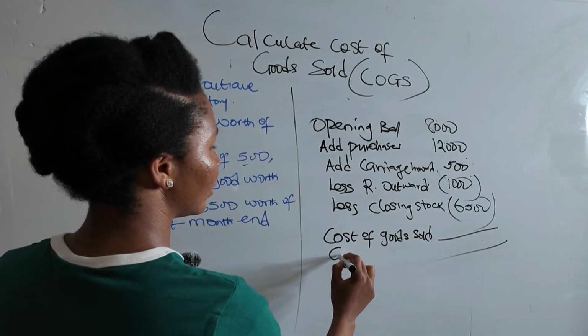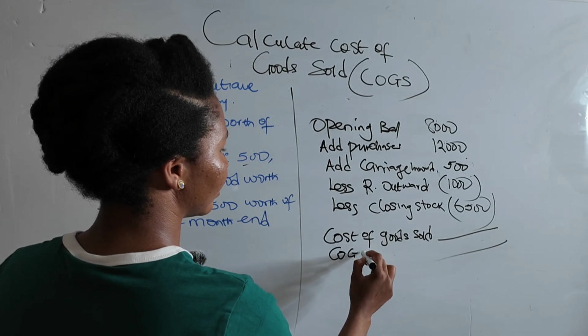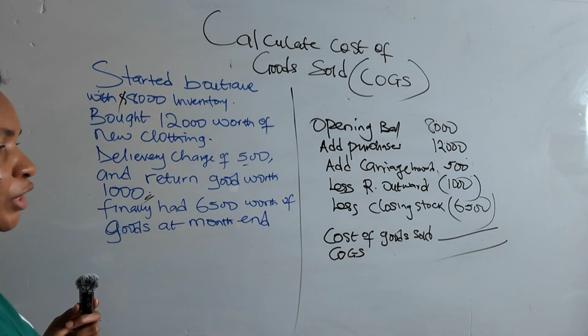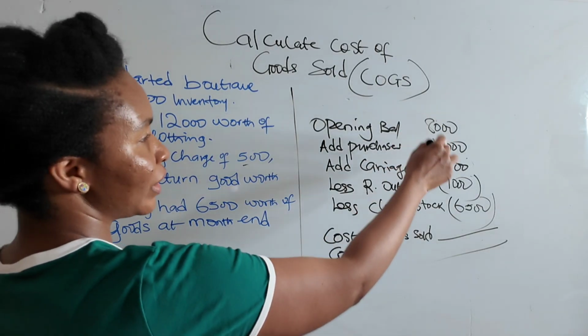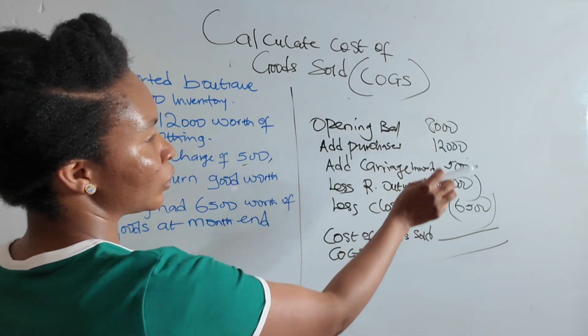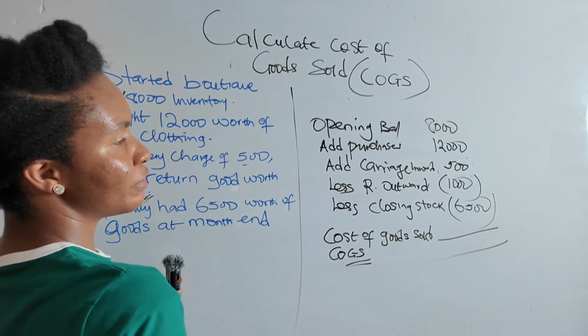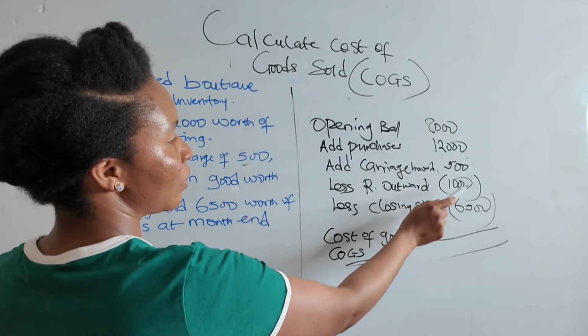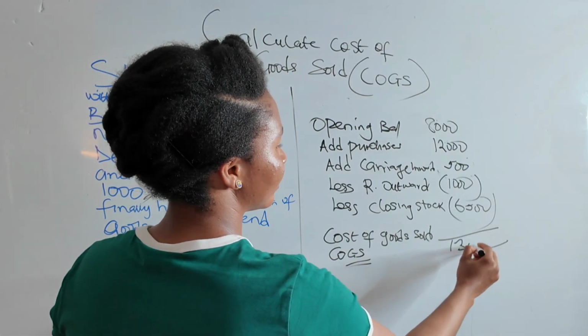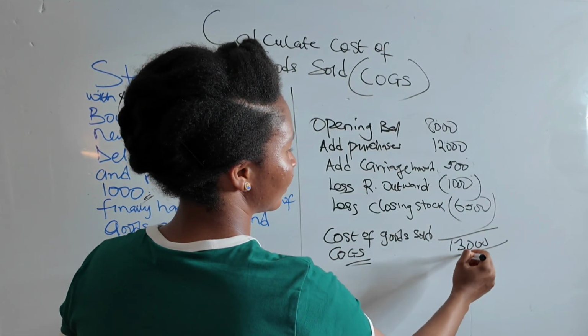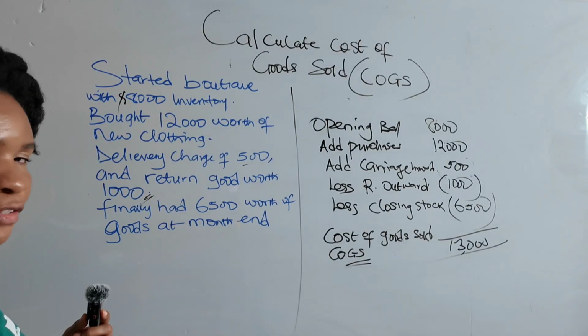It can also be called COGS, cost of goods sold. When you put this together, 8,000 plus 12,000 plus 500 minus 1,000 minus 6,500, that will be 13,000 worth of goods.